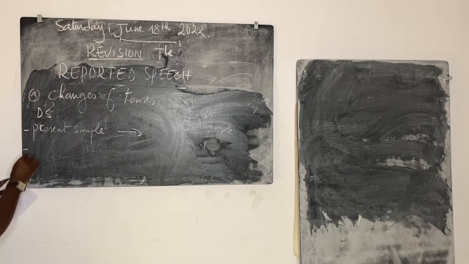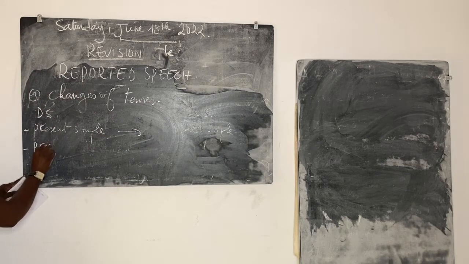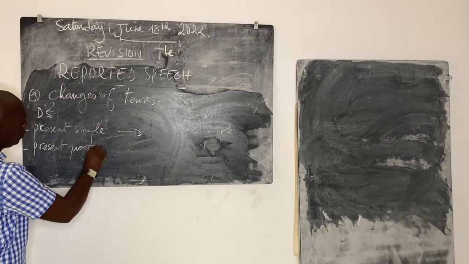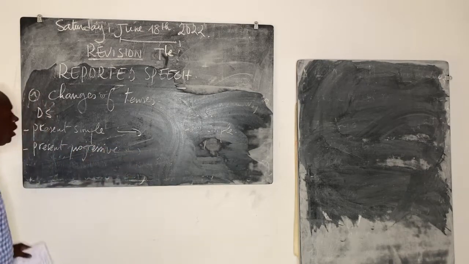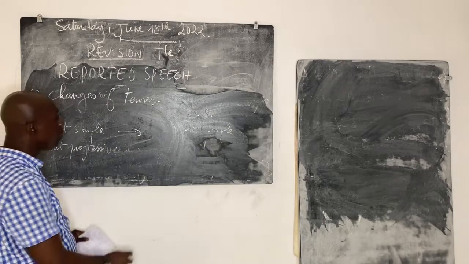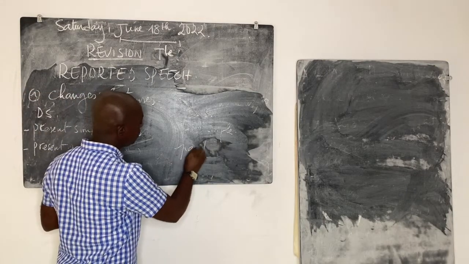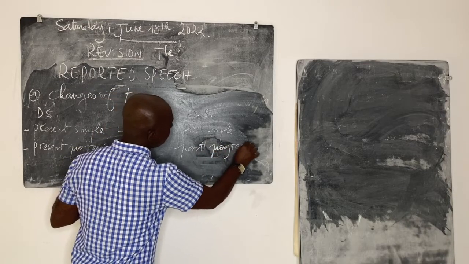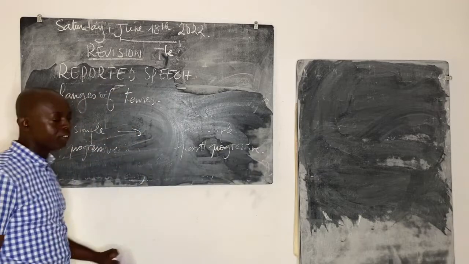When you have present progressive or continuous in direct speech, in the reported speech, we're going to have past progressive or continuous.